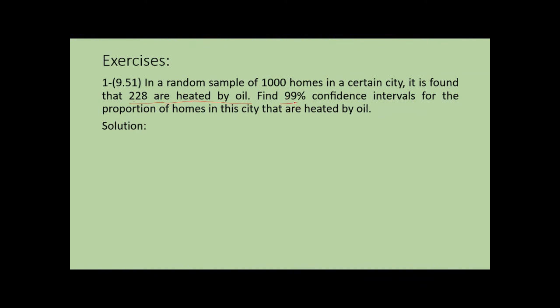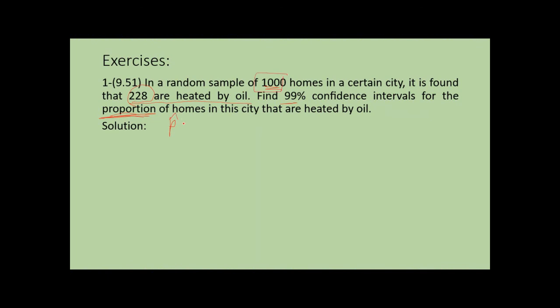Find the 99% confidence interval for the proportion. Proportion is a ratio, isn't it? In other words, we call it probability. How do we find it? Out of 1000 homes, 228 are our successes. So this is the proportion, but is it the population proportion? No, we took a sample of 1000 homes, isn't it?